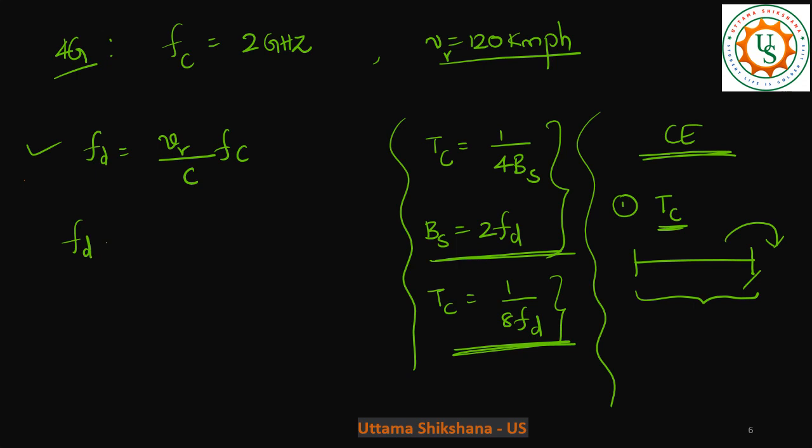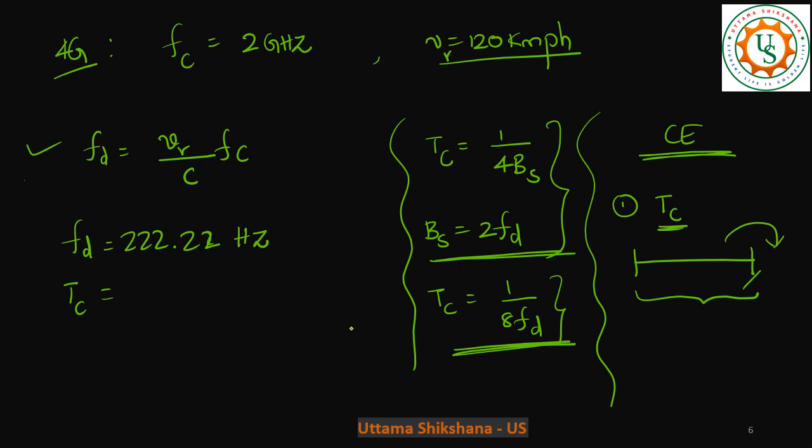So FD is equal to, calculating on my calculator, 120 kilometer per hour into center frequency 2 gigahertz, 2 into 10 to the power of 9, divided by 3 into 10 to the power of 8, the speed of light. I'm going to get this as 222 hertz.